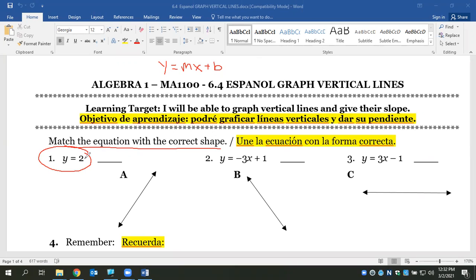So y equals 2 over 1 plus 0. See, look, there's nothing there, so we have to add in the 0. But better yet, it's telling us that y equals 2.